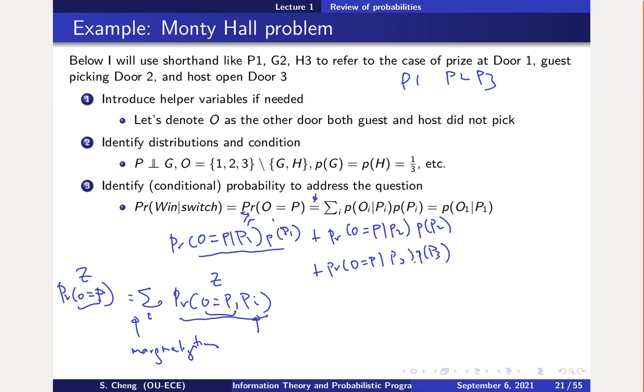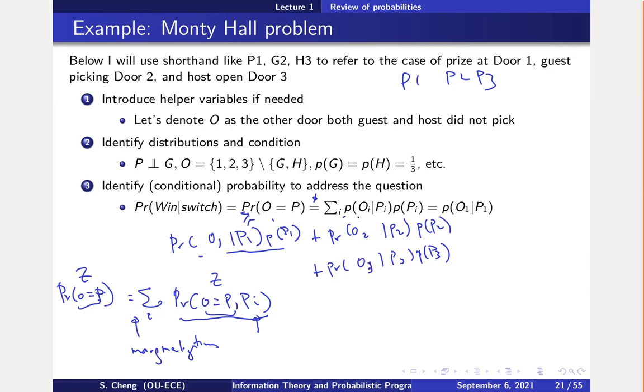Then I got this. And then, what's P of O equal to P given P1? If I need O equal to P given P1, that means I need O is equal to O1, or something like O is equal to 1. Something like that. Therefore I will just shorthand this as O1 here, and shorthand this as O2 here, and this is O3 here.